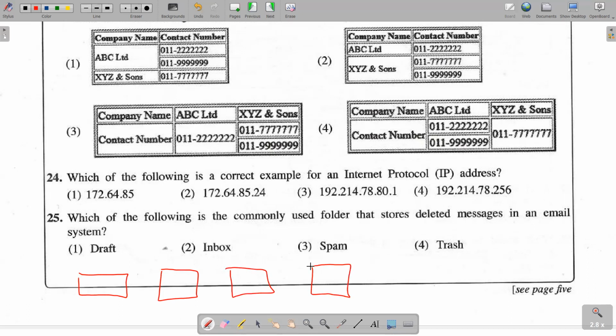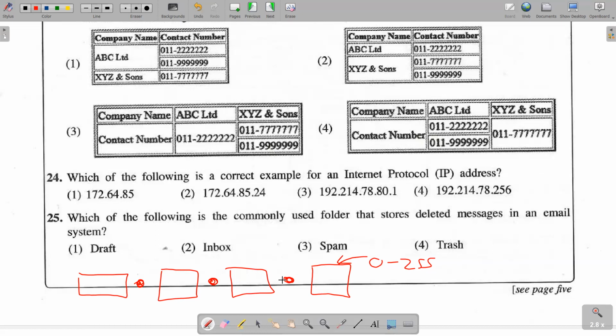Each and every number ranges from 0 to 255. These decimal numbers are separated by a dot. This is what we call dotted decimal notation. So it has only 4 components, separated with the dot, and the range is 0 to 255.